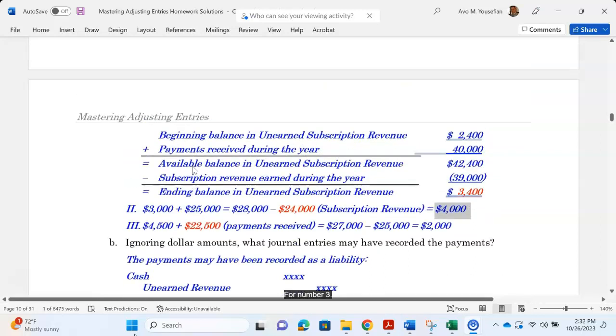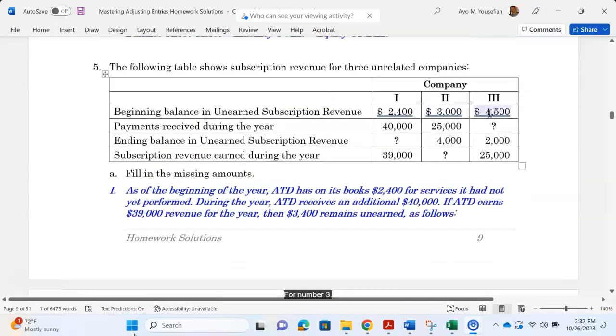For number 3, it says beginning balance was 4,500 of liability, unearned revenue. We don't know how much payment we received, that's unknown. But we know at the end we have $2,000 of unearned and 25,000 of earned.